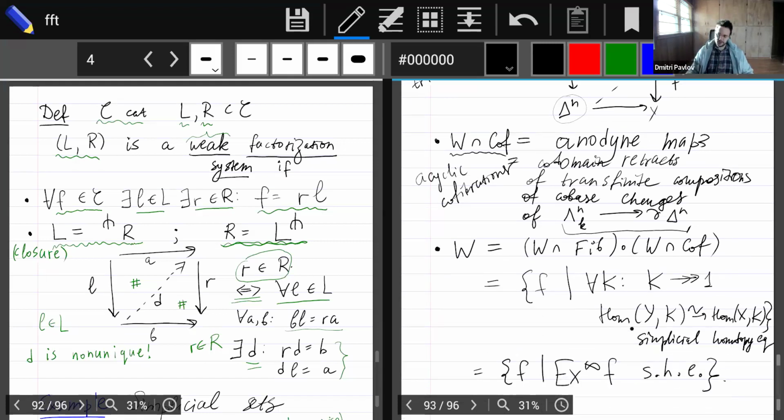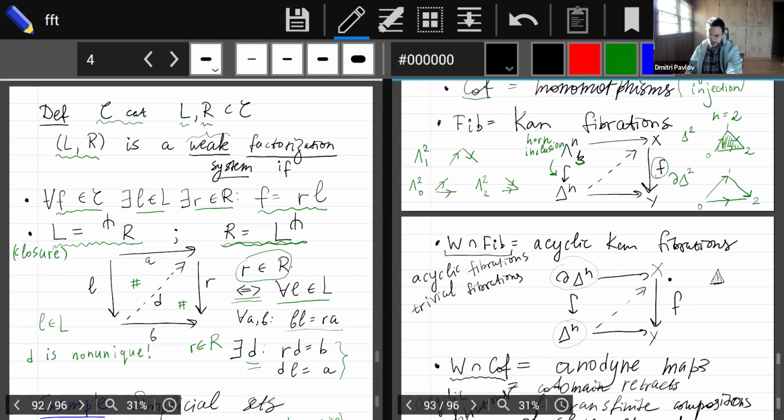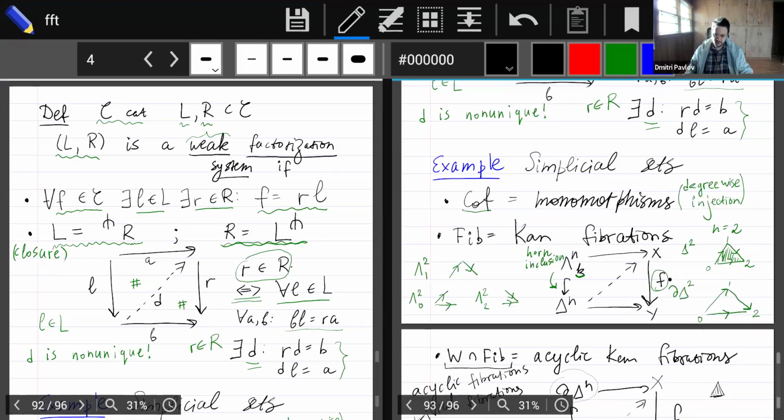Another definition is that a map f from X to Y is a weak equivalence if for any Kan complex K, so a Kan complex is just a simplicial set such that the map to the terminal simplicial set is a fibration. And this notation here, the double arrow, is what you sometimes denote fibrations by. Let me actually give you standard notations for all 5 classes of maps.